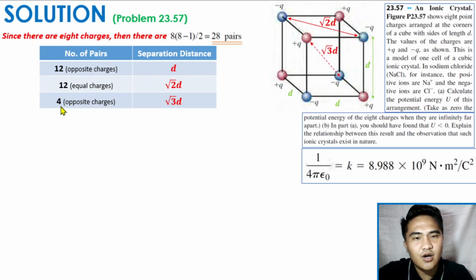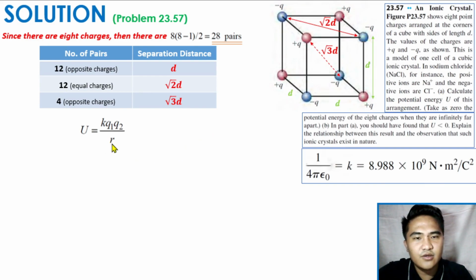And lastly, there are 4 opposite charges with a separation distance of square root of 3 d. Geometrically, inside a cube, the diagonal is equal to square root of 3 d. And this is the separation distance between the opposite charges, or in this instance, positive q and negative q.